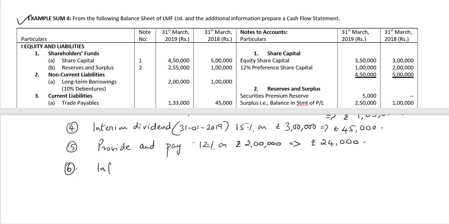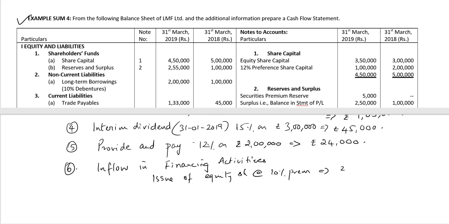So the inflow in financing activities is issue of equity shares at 10% premium, which is equal to the face value rupees 50,000 plus the premium amount of rupees 5,000, which is the 10%. Total inflow is rupees 55,000.